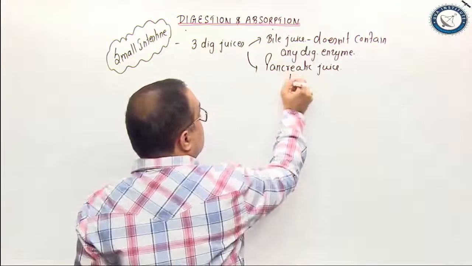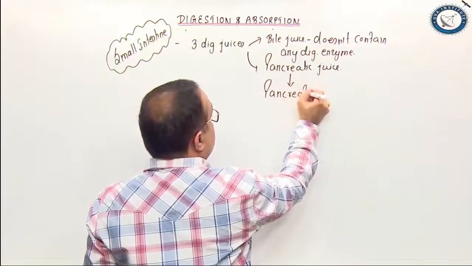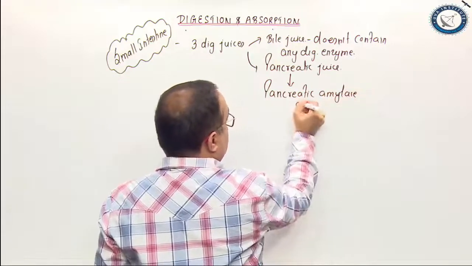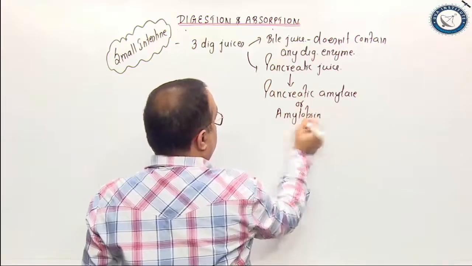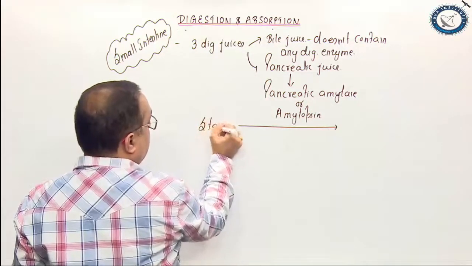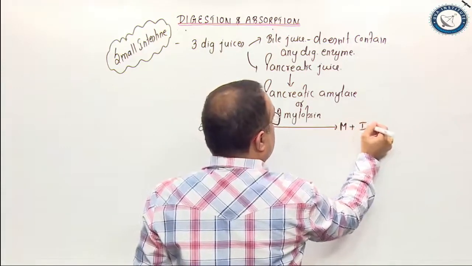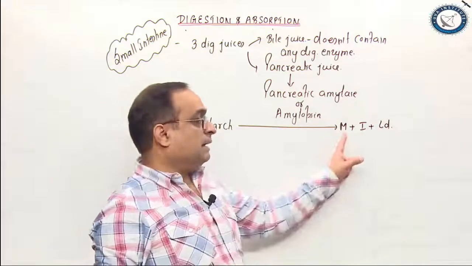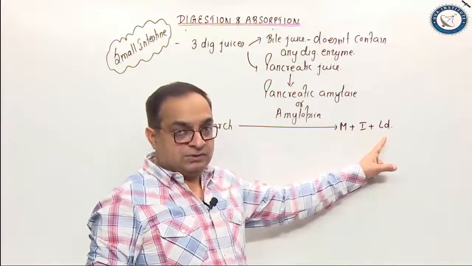Pancreatic juice contains the enzyme pancreatic amylase, which is also called amylopsin. It breaks the remaining starch again into maltose, isomaltose and limit dextrins. This M is for maltose.